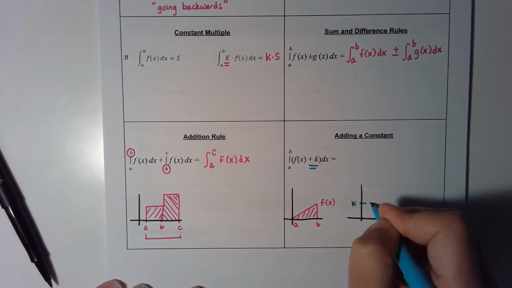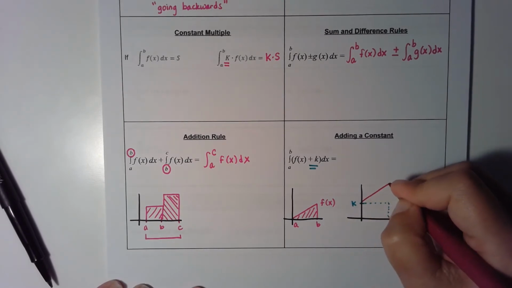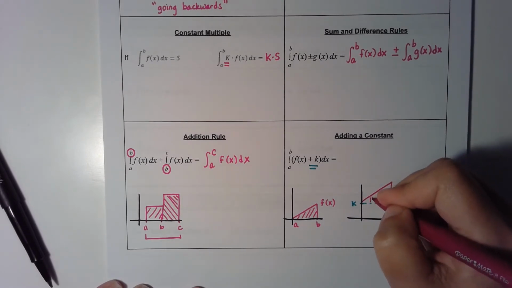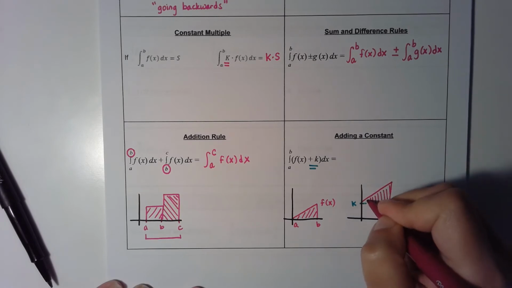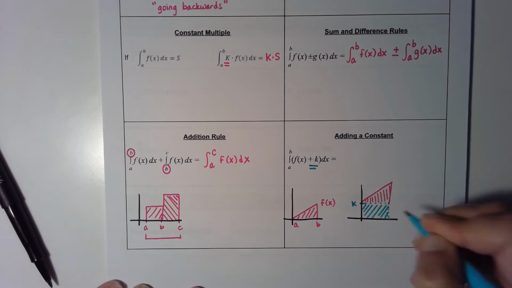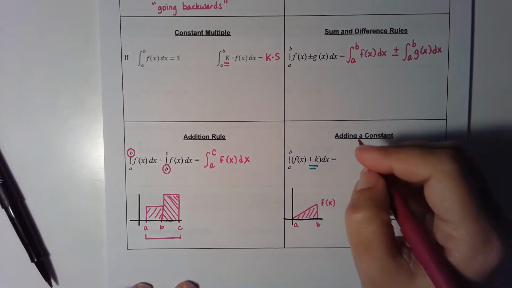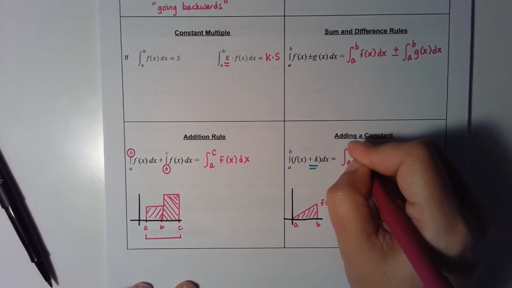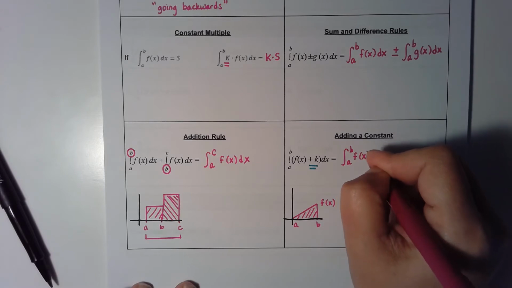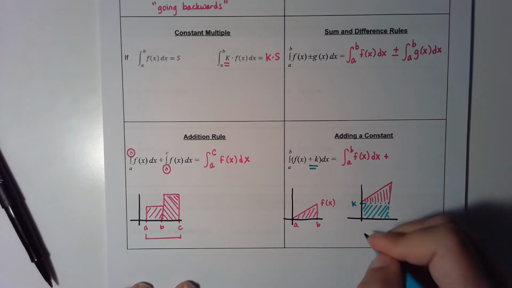So you're taking the original function you already had and just moving it up. That creates a new rectangle of area below your function because you shifted that whole region of the graph up. So in order to find that new area, you're going to take the area that you already had from A to B of f of x, and add the area of the new rectangle.